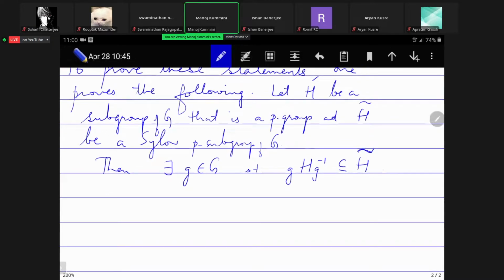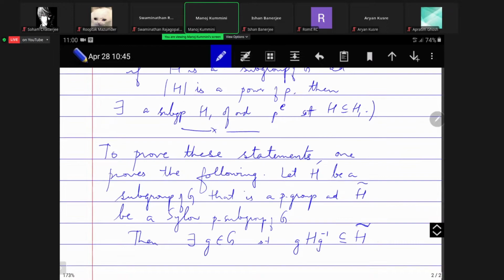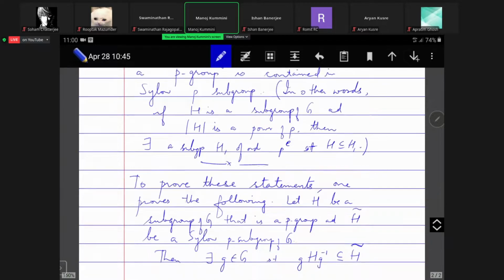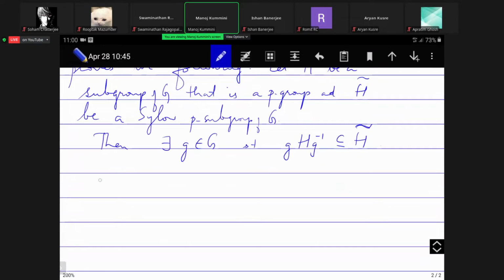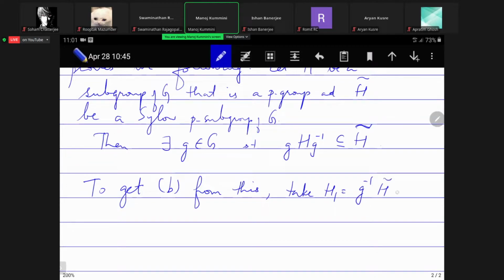Okay, so to get B from this, we want to show that H is contained in some Sylow subgroup. Take H1 to be g inverse H tilde g. If a subgroup and a conjugate subgroup have the same cardinality, then since H tilde is a Sylow subgroup, it has order p^e.